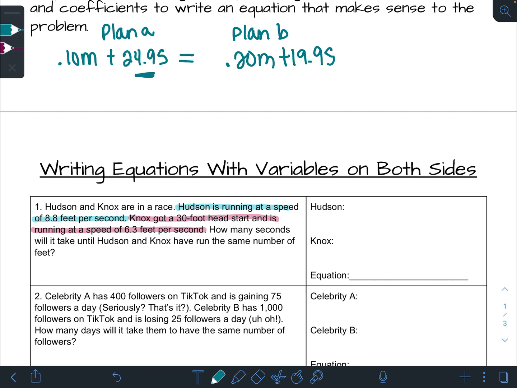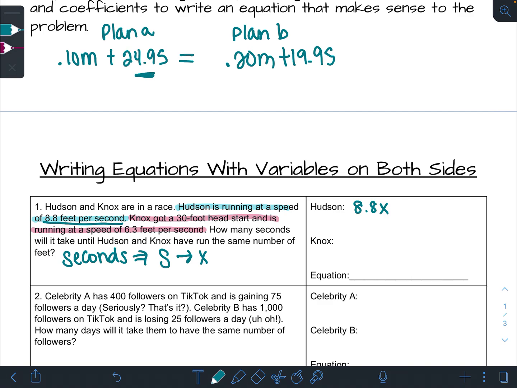I don't know how long they've been running, so my unknown is seconds. And you can identify that with an S if you would like, but my S looks like a 5, so I'm just going to use an X in this case because I don't want that S to get confused. So when I'm looking at Hudson's expression, I know that he runs at 8.8 feet per second. He has no starting value.